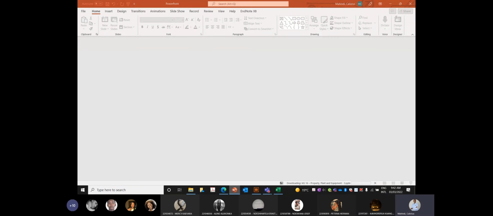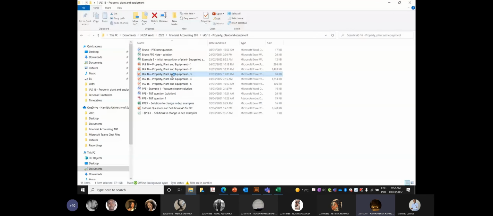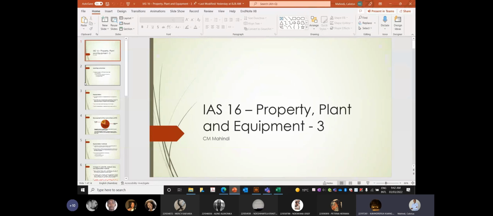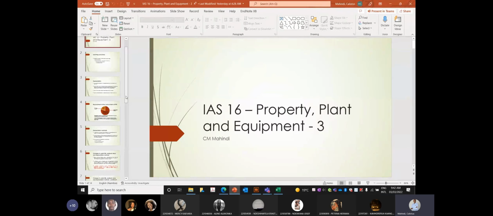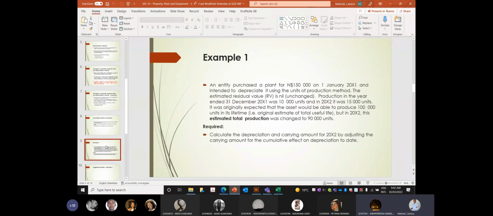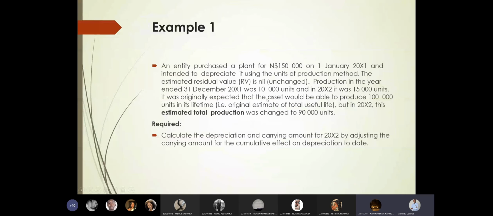Why isn't my document opening? Okay, it was just a bit slow. If we go to the question, the original question told us that it was originally expected that the asset would be able to produce 100,000 units. Are we okay up to that point in time? Yes, sir.